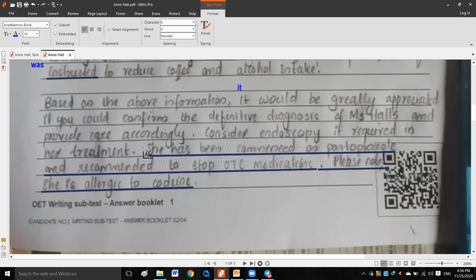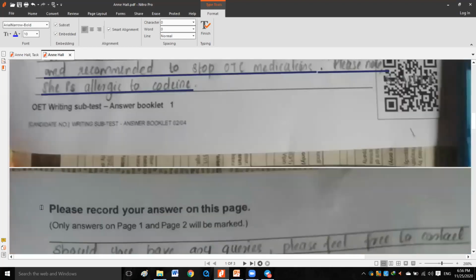So you can take the relevant information, like the prescription of pantoprazole, the recommendation to stop over-the-counter products, the allergy and the positive family history of peptic ulcer, just after this paragraph, and after that finish with the conclusion.